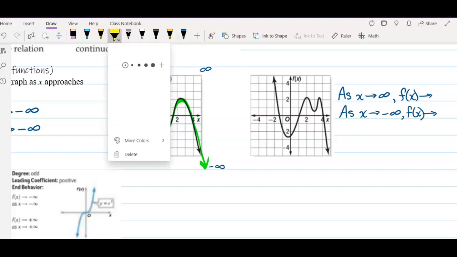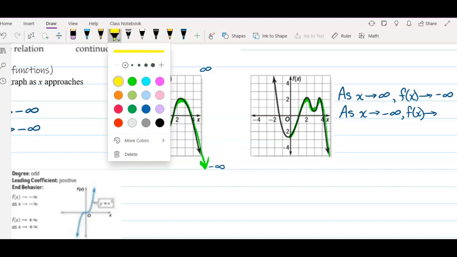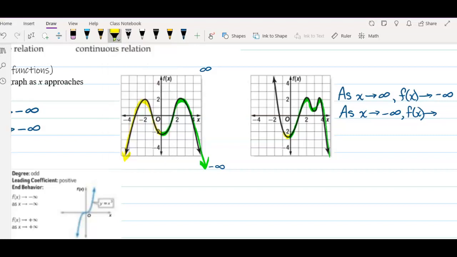So, as x approaches positive infinity, going to the right, y goes down to negative infinity. And then as x approaches negative infinity and goes to the left, my y values are going up, getting bigger and bigger and bigger to positive infinity.